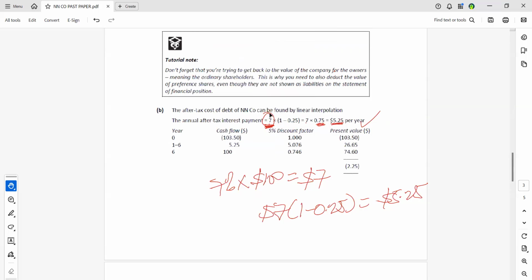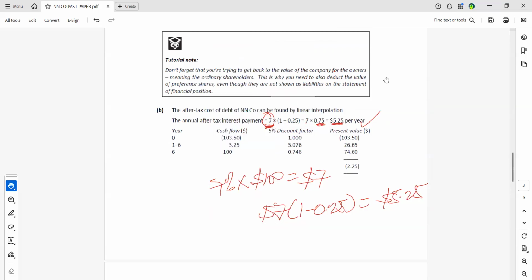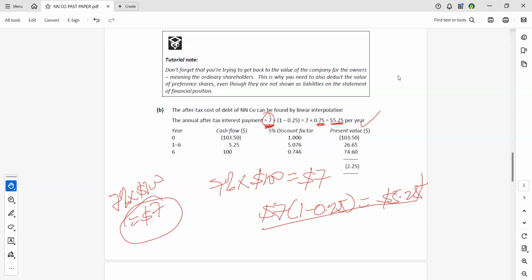But per this question that we are solving now, the par value is 100. And if the par value is 100, then you multiply the 7% by $100 and you get $7. And it's this $7 that you are going to use in this computation. So the examiner did not explain himself much.